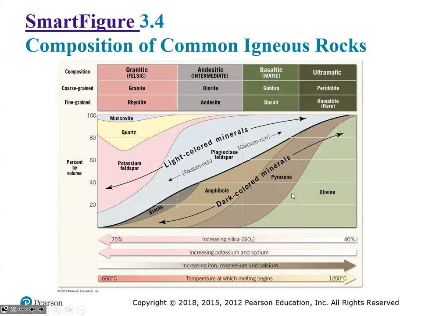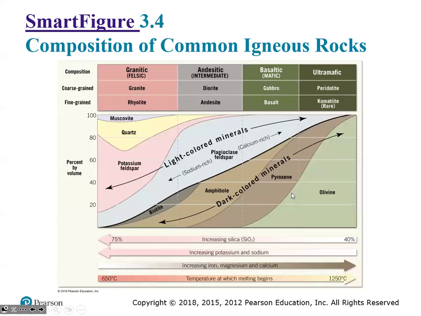Coarse-grained andesitic is diorite, fine-grained is andesite. Coarse-grained basaltic is gabbro, fine-grained is basalt. So granite is coarse-grained, basalt is fine-grained. And then for the ultramafic, coarse-grained ultramafic is peridotite.